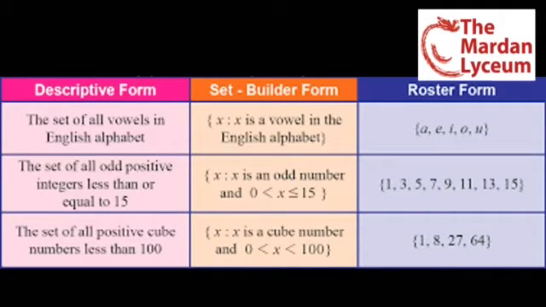Now the set will be written like this: A is equal to, curly bracket, A is a set of elements X, now the vertical line, this vertical line means such that, X is a vowel of the English alphabet.